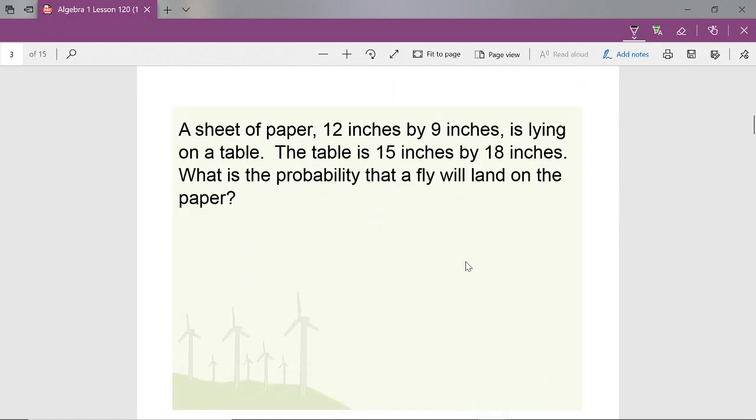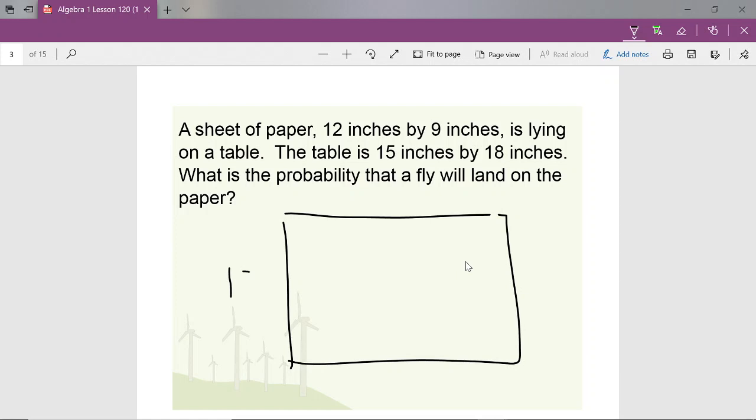Let's try it again. A sheet of paper 12 inches by 9 inches is lying on a table. The table is 15 inches by 18 inches. Okay, so then we have this smaller piece of paper in here that's 9 inches by 12 inches. What's the probability that a fly will land on the paper if it lands on the table?